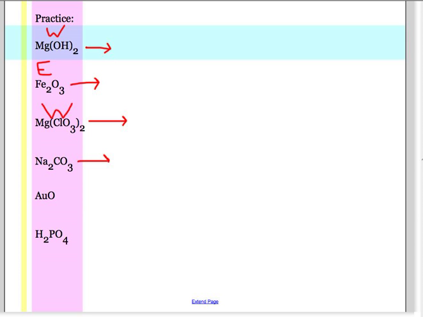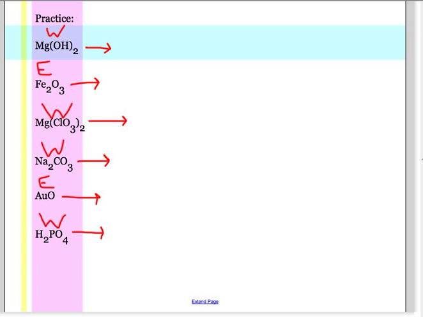Fourth one, more than two elements, weirdo. Fifth one, just two elements, so easy peasy. And last but not least, definitely more than two elements, so weirdo. Once you have them identified, go back and start doing them.